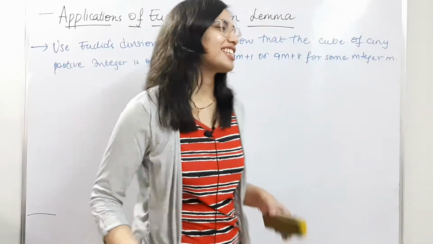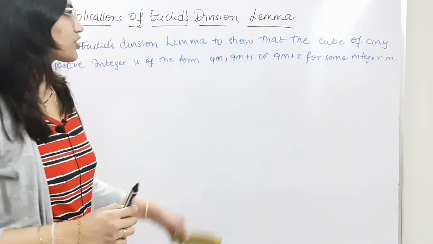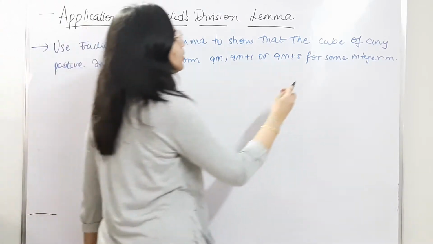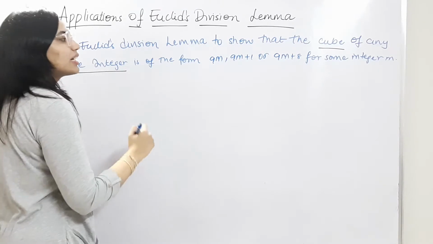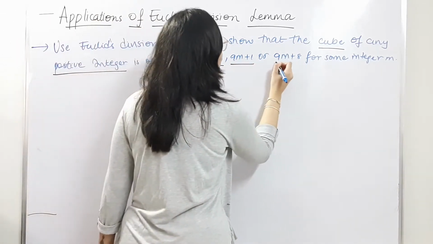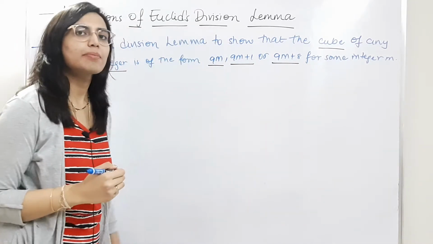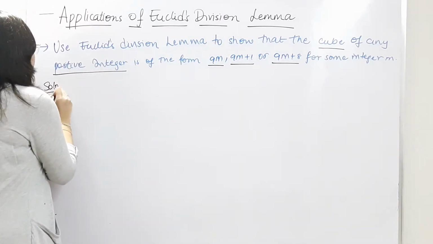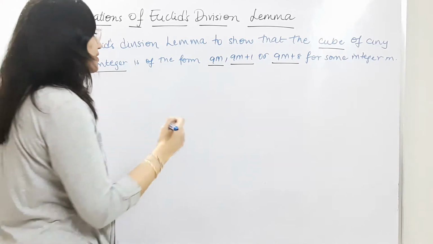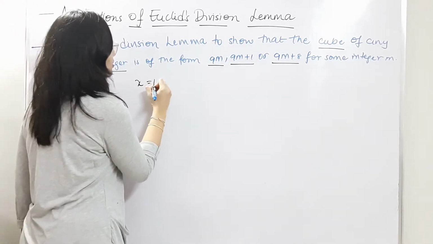The next question is, use Euclid's division lemma to show that the cube of any positive integer is of the form 9m plus 1 or 9m plus 8 for some m. So here what we need to do is, let's assume x is a positive integer.